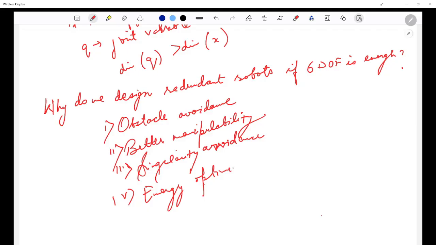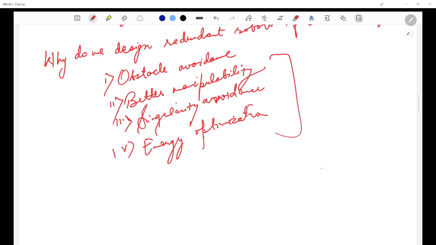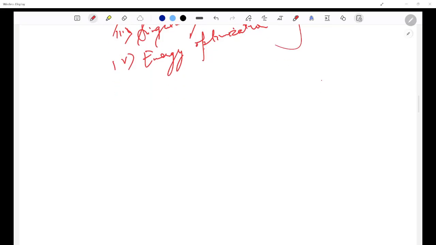If you've gone through the lecture, you might have seen all of these applications coming in. So just in one line, redundant robots have more joints than necessary and they have infinite joint configurations for the same end effector pose.